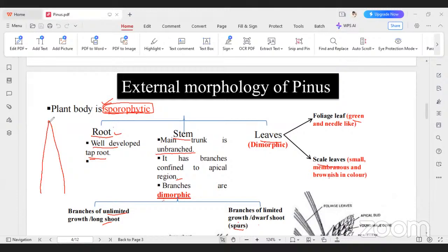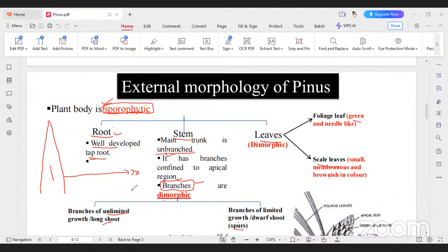Actually, the main trunk shows continuous growth. On the main trunk, instead of being unbranched, it is actually not much branched; there are only two types of branches. One is unlimited, or long shoot. So this is the long shoot, which means it shows continuous growth.